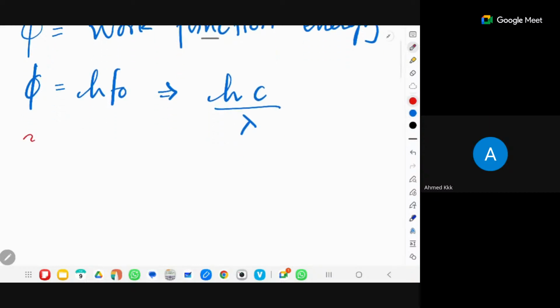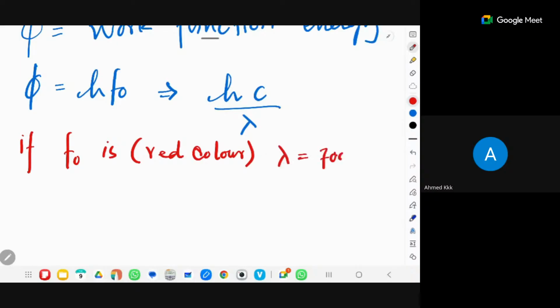If the threshold frequency is the red color wave for a metal that is responding at red color, whose wavelength is equal to 700 nanometer, then I will simply plug these values in.